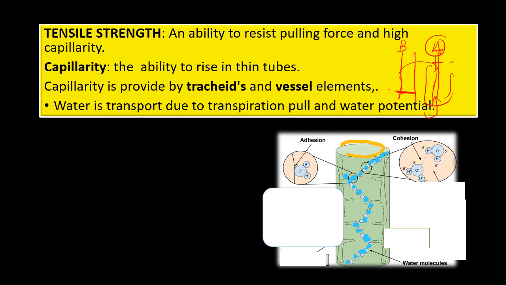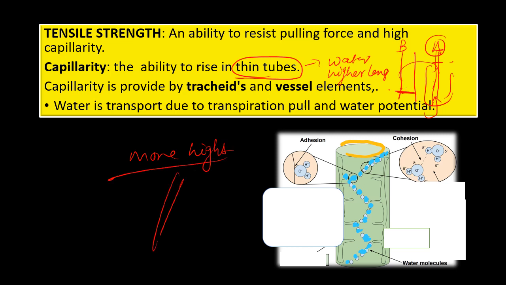So capillarity means that in thin tubes, water is transported to a greater height. For movement to more heights, the xylem vessels are very thin. This is called capillarity, and capillarity is provided by tracheids and vessel elements. Remember this thing.